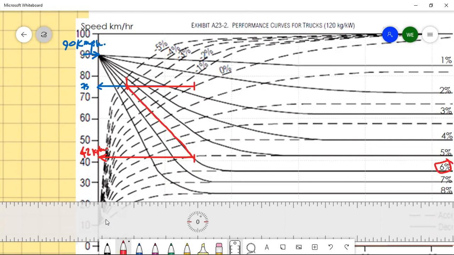Okay, so that's basically the second segment, and that was on the first segment.